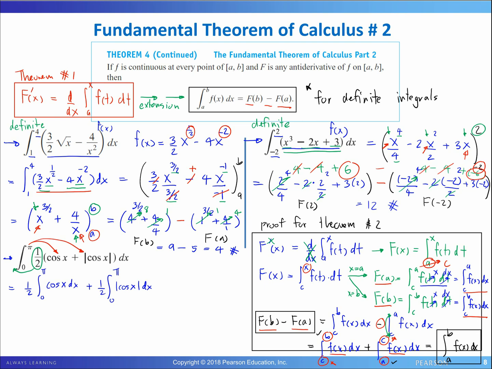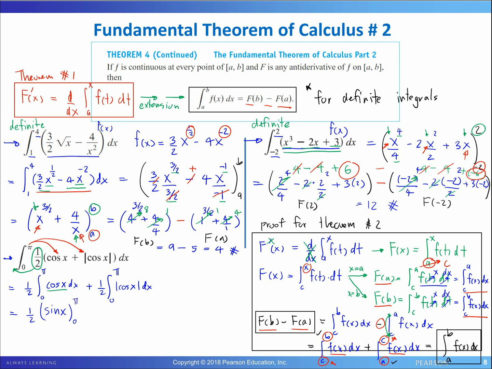Now we find the antiderivative of cosine of x. What do we need to diff in order to get cosine of x? Of course, we need to diff sine of x. So we have sine of x down here, and then we need to evaluate this at two values, starting point 0 and end point pi.